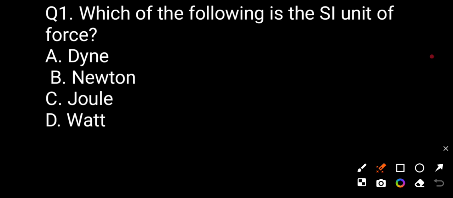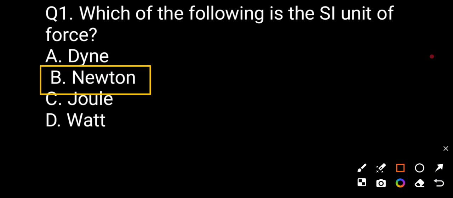My first question is: which of the following is the SI unit of force? Option A, Dyne. Option B, Newton. Option C, Joule. Option D, Watt. The correct answer will be Newton.